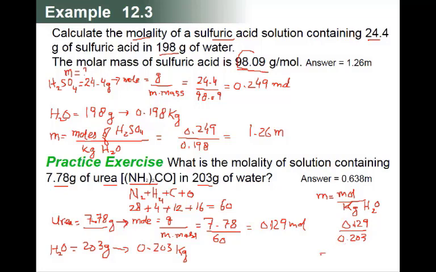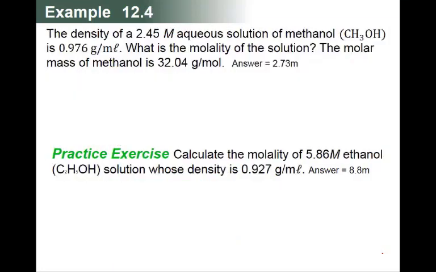So your answer will be equal to 0.638 unit small m molality. So now we go to the next problem.